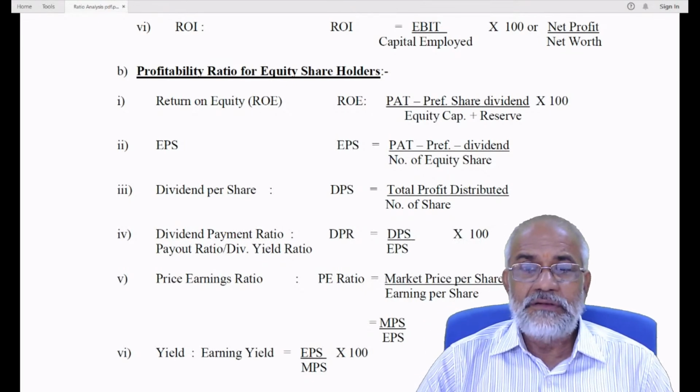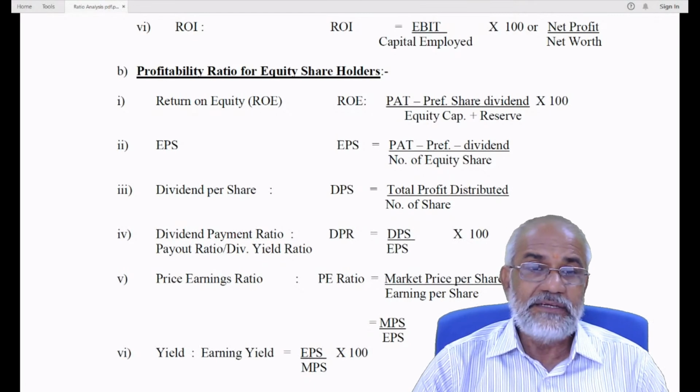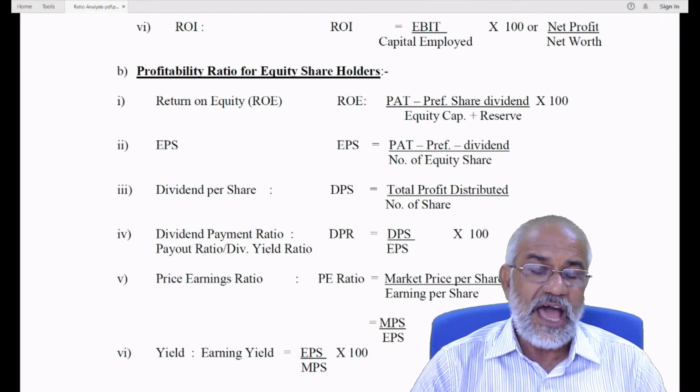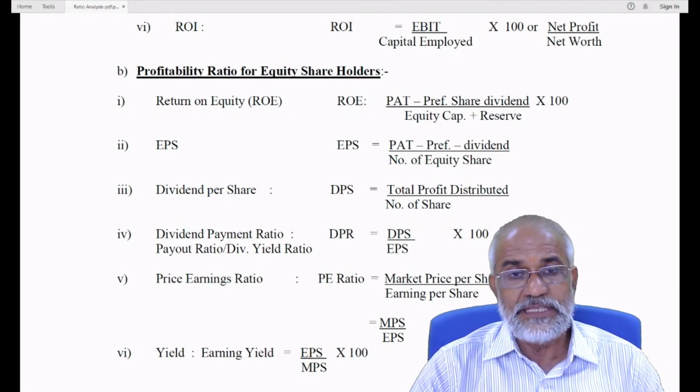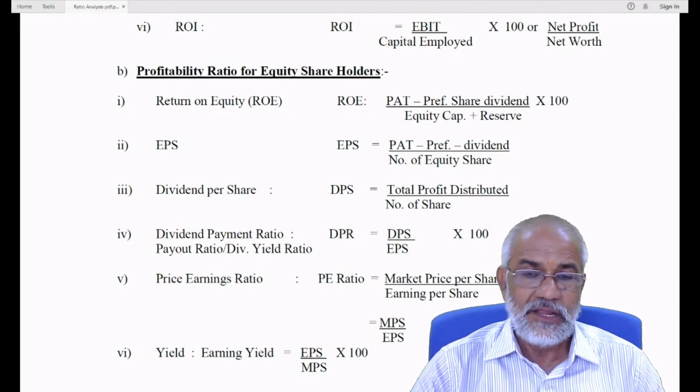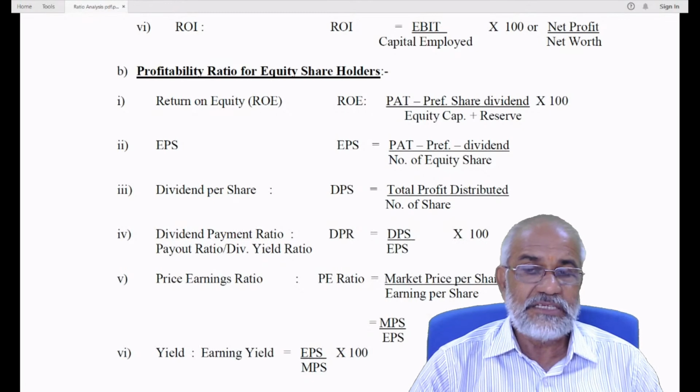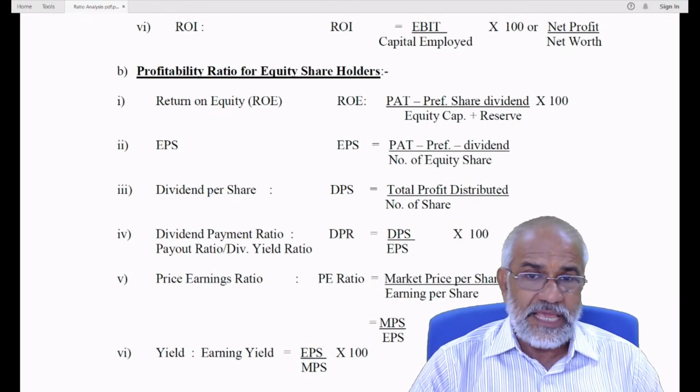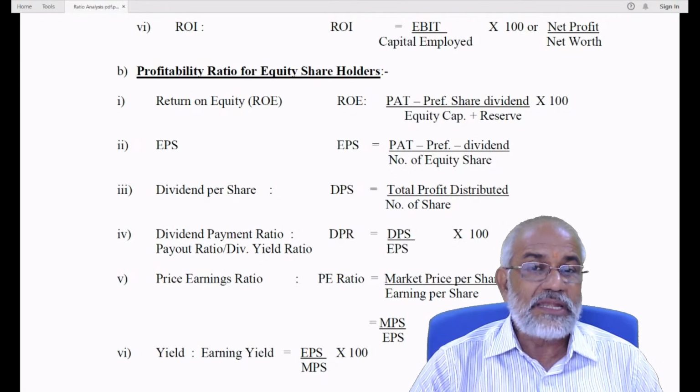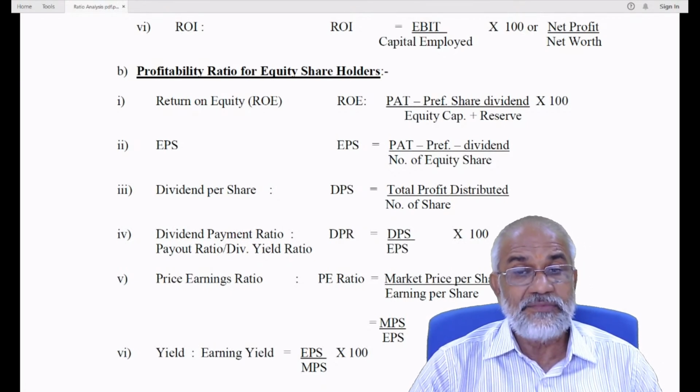But after all, it must be kept in mind that all these are tools available for financial statement analysis. Tools are just tools. Take the example of a thermometer. What happens in the case of a thermometer? A thermometer just measures the body temperature of a person, but it cannot diagnose what type of fever the patient is suffering from.